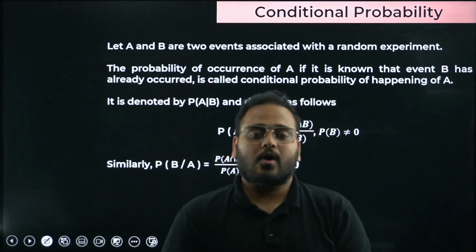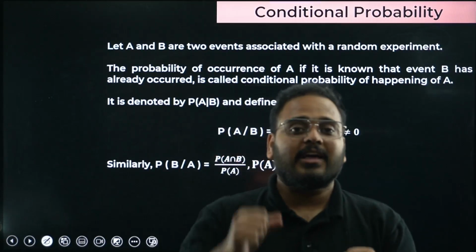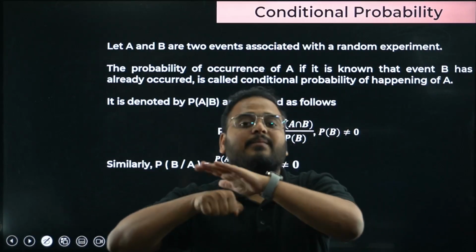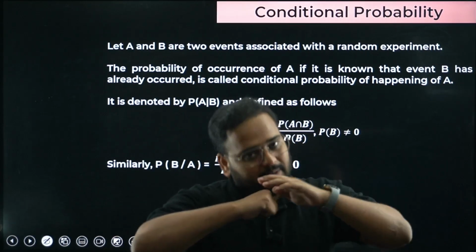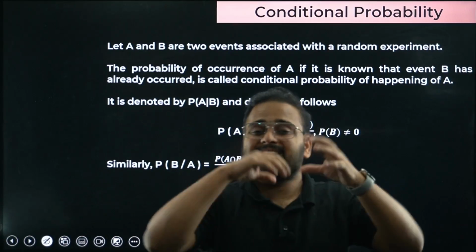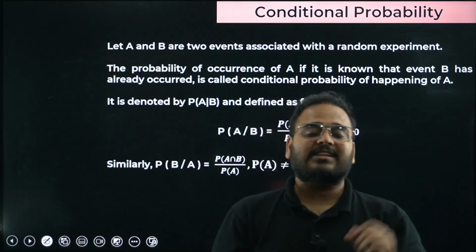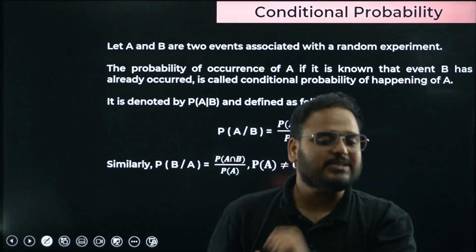As of now event B has already occurred, and after that, what are the chances of event A to occur? In that scenario, the chances of event A we are looking to find out. That's why we call it conditional probability, for event A provided B has already occurred.